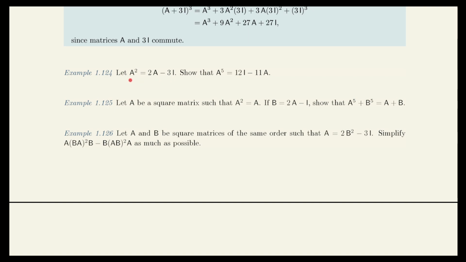We want to show that under this condition, the fifth power of that matrix is 12 times the identity matrix I minus 11 times matrix A. These kinds of questions are interesting when it comes to matrices. So I will pause recording and wait for, I don't know, 5 minutes probably, and then I will ask your opinion about it.